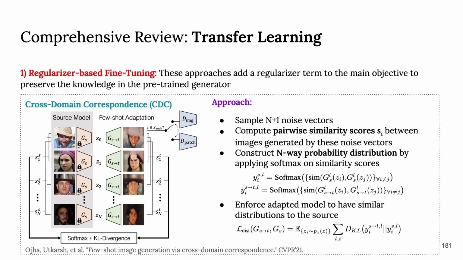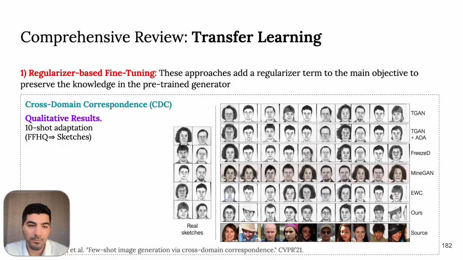And then they enforce these two distributions to be similar with a KL divergence term. And these are some samples of 10-shot adaptations from FFHQ to sketches. If you consider the images generated by the source generator as an anchor, compared to other works, CDC is capable of preserving the diversity.